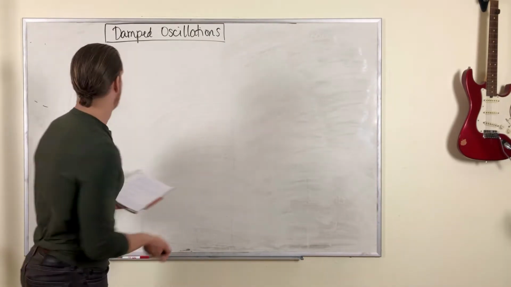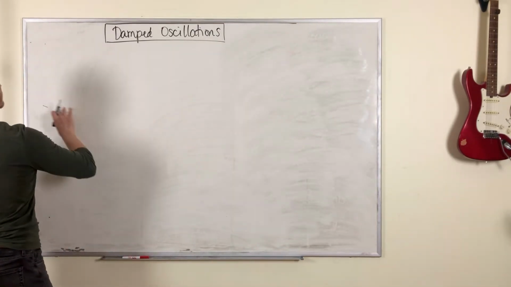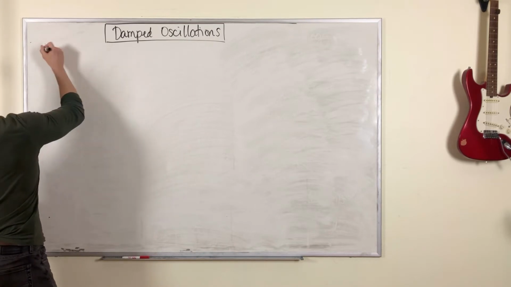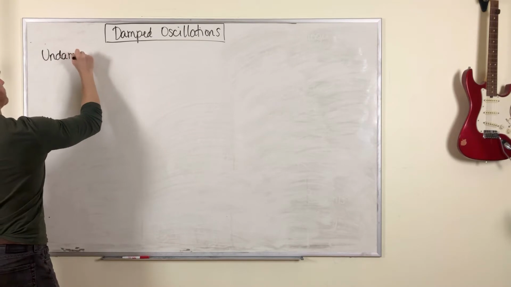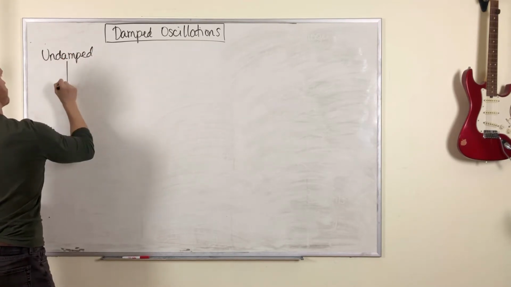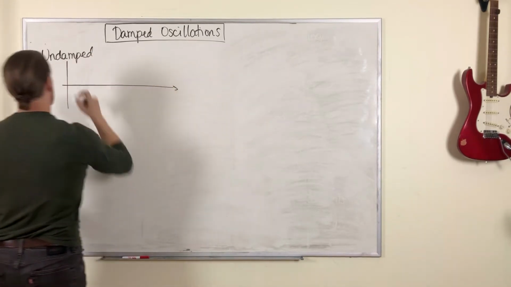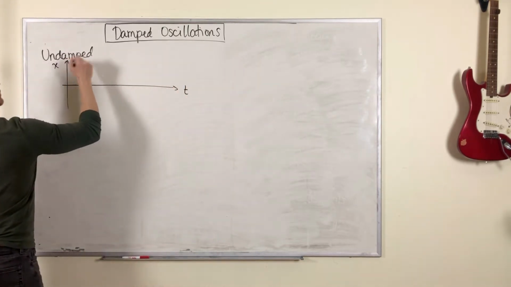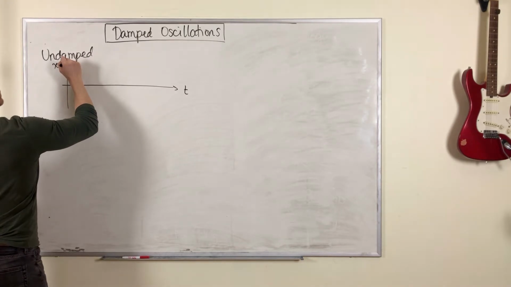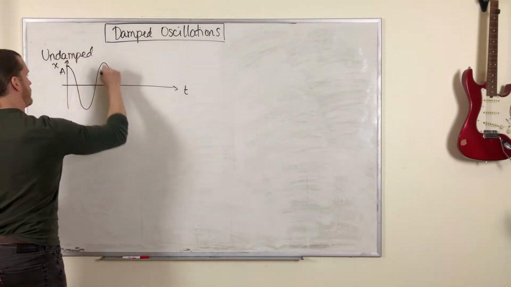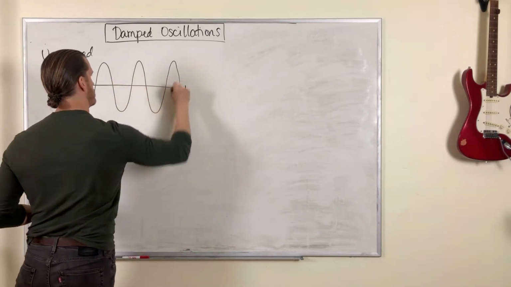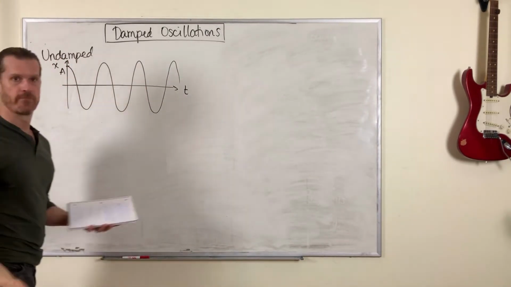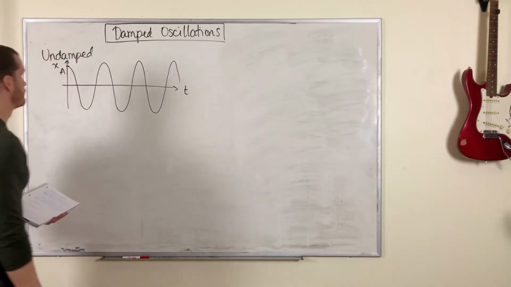First, the case of a system that's not damped at all. So a system that's undamped exhibits simple harmonic motion that essentially continues forever.